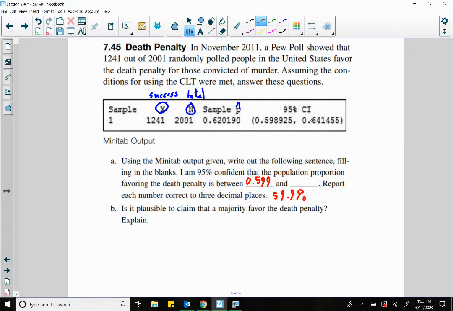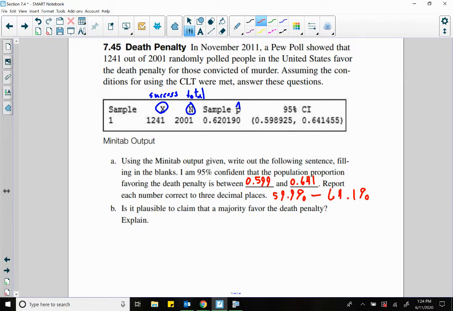And over here, this would be 0.641 or 64.1%. And there you go. We'll talk about how we get this in just a second for the next example.